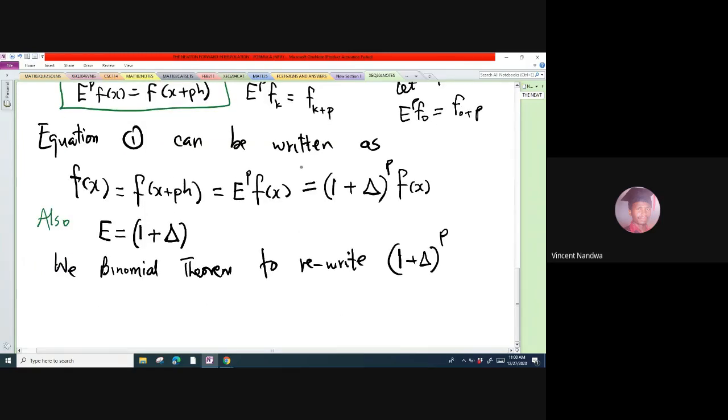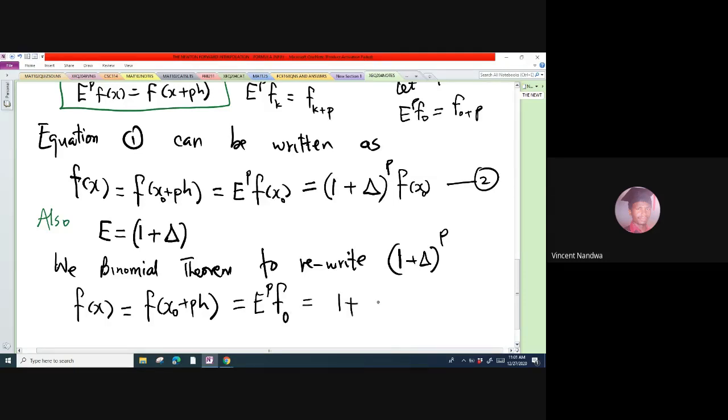So therefore, we can as well say, if we call this one equation 2, when you let this x, we measure this f of x naught. So f of x can be given by f of x naught. Remember, this should be x naught. So f of x naught plus ph is the same as e raised to the power p of f naught, which is the same as 1 plus the forward operator raised to the power p of f naught.